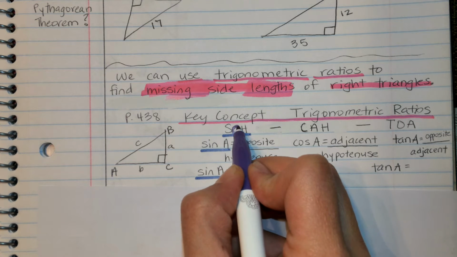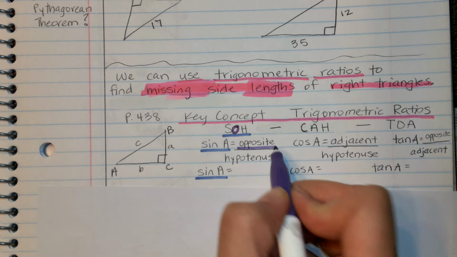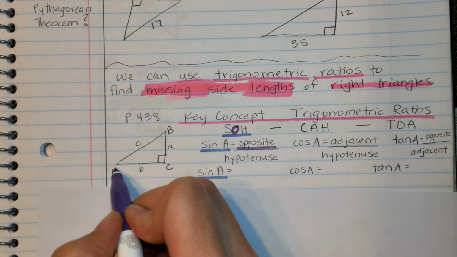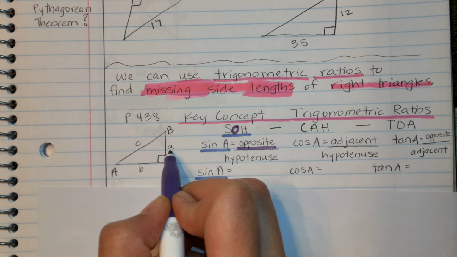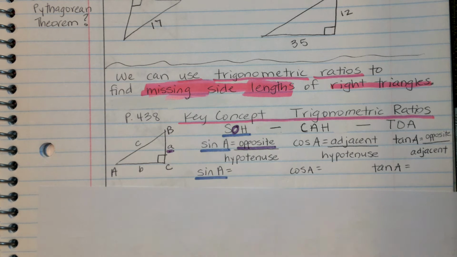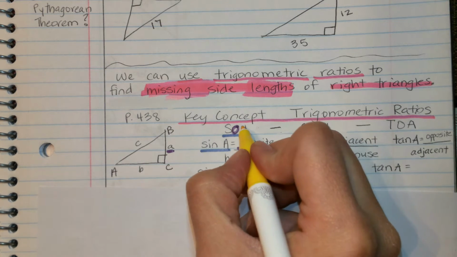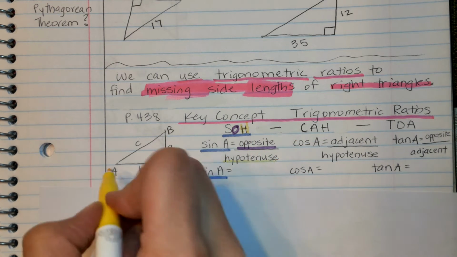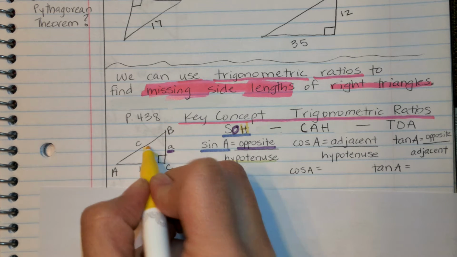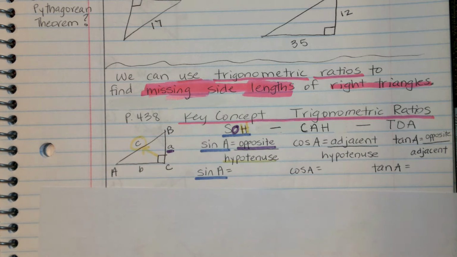I'll trace the O in purple, opposite. From the big A, see how it's the big A there? From the big A, opposite would be right here. Whatever the length of that side is, that would be opposite. And then hypotenuse will be H. Of course, the hypotenuse is always across from the right angle, that one.